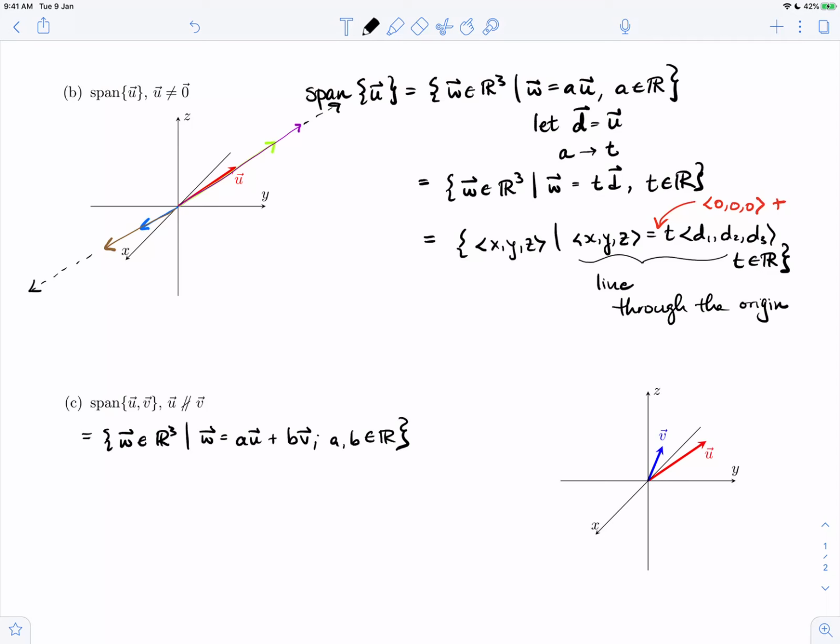If it's not obvious, we'll do a little relabeling and a little rewriting of things like we did in part B. What if we had called u a vector d1, and if we had called v instead a vector d2? And instead of using a and b as our coefficients, what if we'd used s and t for any s and t in R?